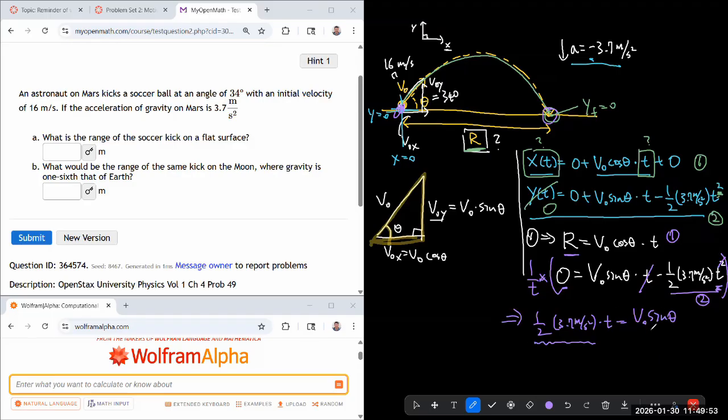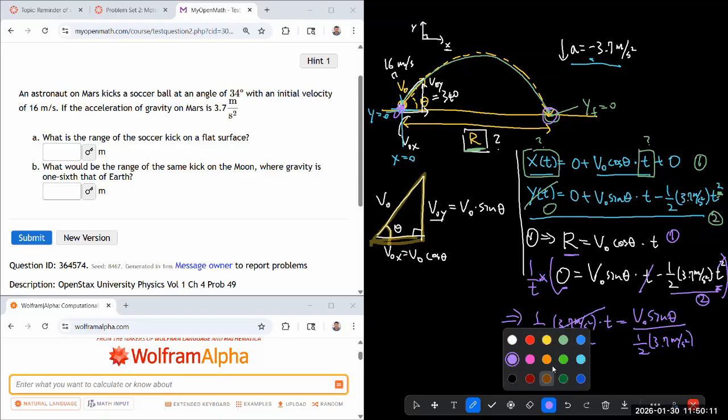Then that'll cancel on the left hand side. On the right hand side, I'll have v0 sine theta over 1/2 times 3.7 meters per second squared. And you can simplify as you go or not simplify. I do think practice simplifying things is valuable, but sometimes it's just numbers. So do what feels natural to you.